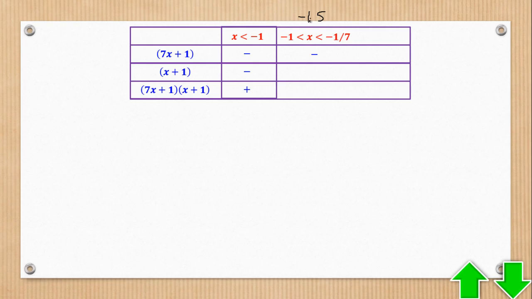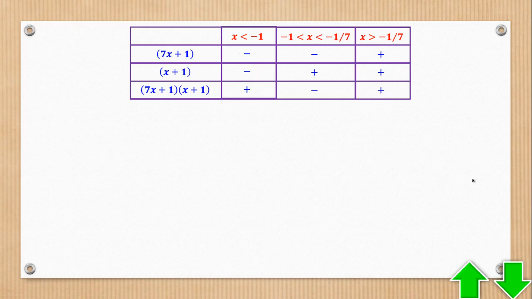No, we can use... because 1 over 7, let me first see, 1 divided by 7 is 0.1, so -0.1. So I can use -0.3. So it gives a negative there. Here it gives a positive, so in the end you get a negative. Then for values greater, I can even choose to use 0, where I get a positive here, in the end it's a positive.